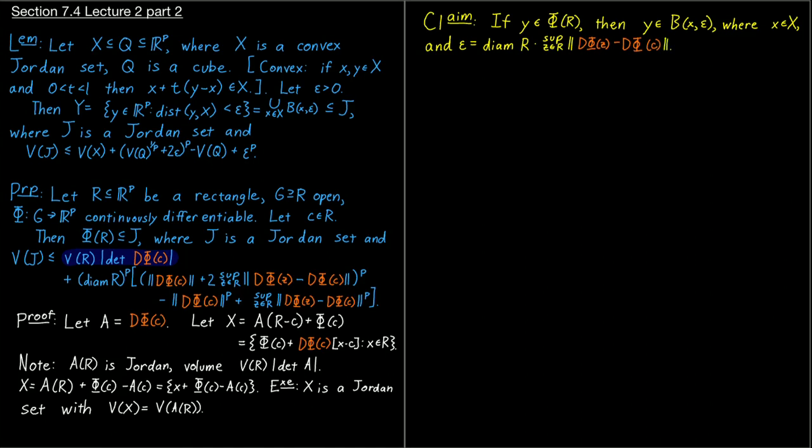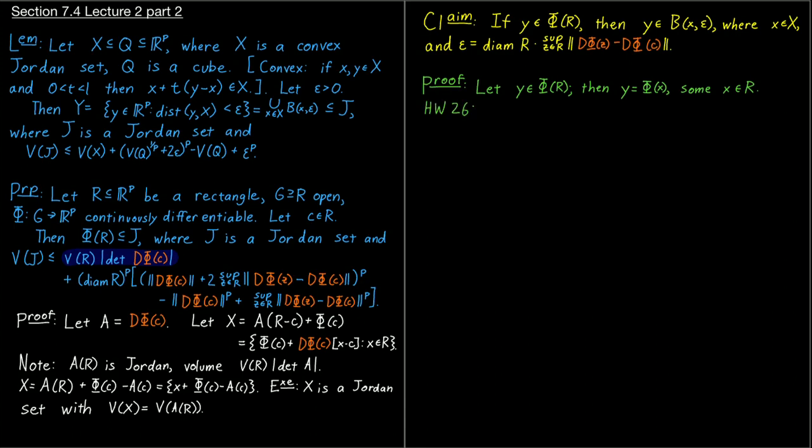And here is how we prove the claim. Let Y be a point in phi of R. Then Y is phi of x for some x in R. That's what phi of R means. Now we're going to use homework 26.